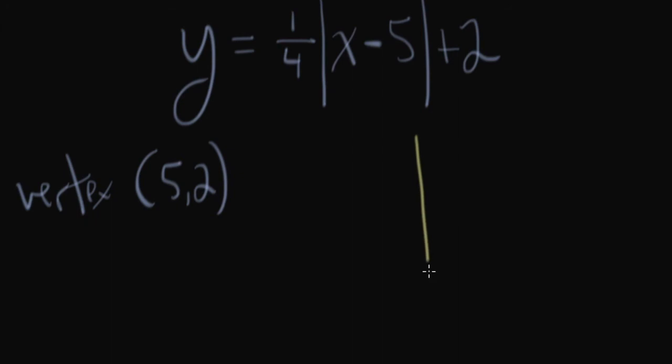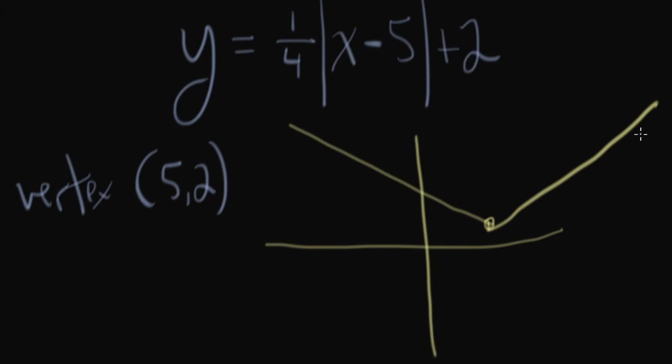So it would be like this. And I find 5, 2, so it'd be around there. It's going to open up and it's going to be pretty wide. Probably like that. That's what we're expecting students to be able to do.